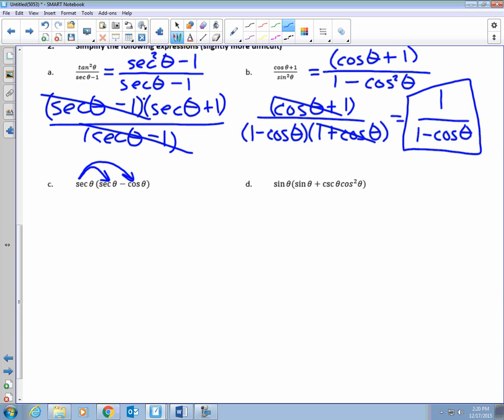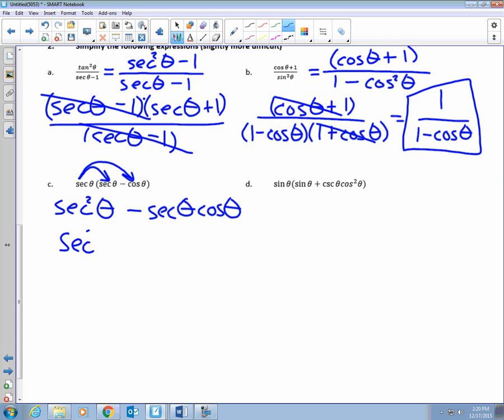Distribute. Secant times secant is secant squared minus... I like the secant squared, don't you? Right? I like it, do you?